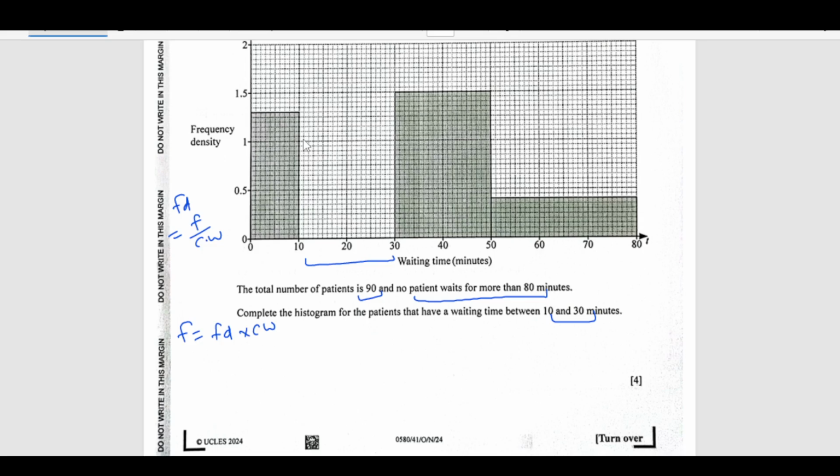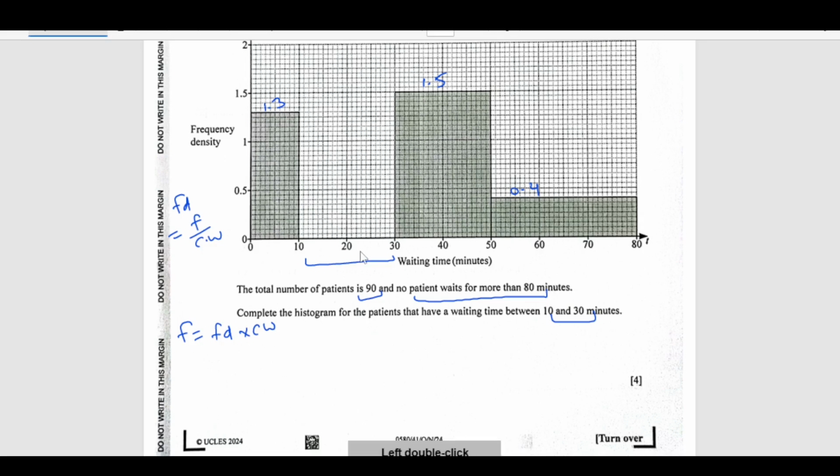This frequency density is 1.3, this one is 1.5 and this is 0.4, right?